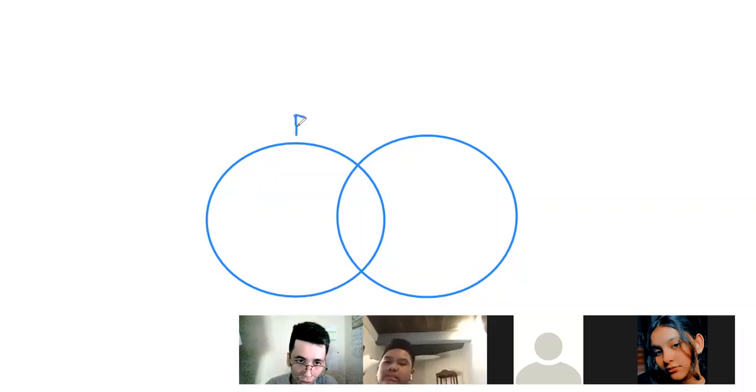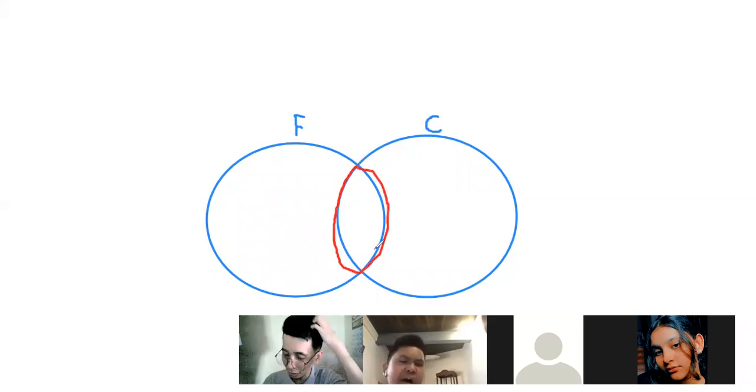Let F be our French language and C our Chinese language. So, we have French language and Chinese language. Kapag magsusulat tayo ng Venn diagram, unahin muna natin ang nasa middle. This middle space is the intersection of French and Chinese language.